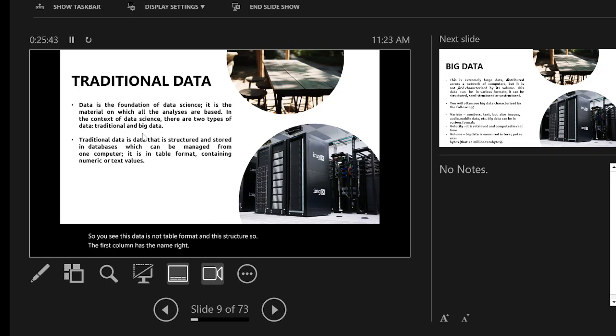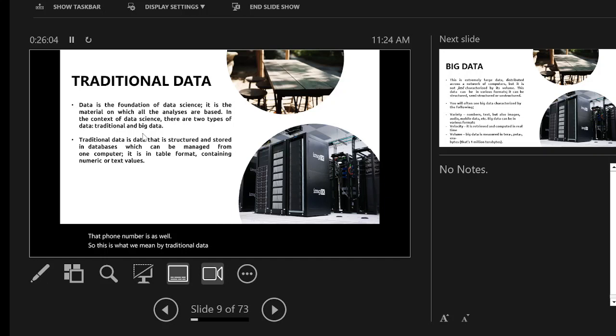The name is in the form of text. Then the ID number is numeric, and the phone number is as well numeric. So this is what we mean by traditional data.